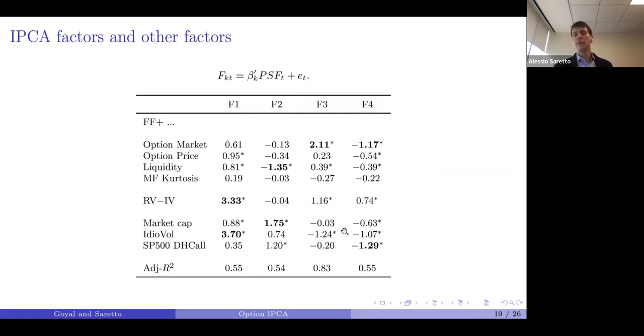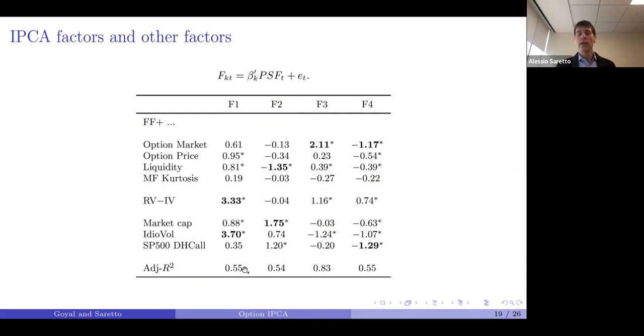And then the third and the fourth factor are somewhat a combination of the aggregate option market and variation in returns on the delta hedge, the S&P 500 delta hedge return. Although by the time you get here, those are very small contributions to the total spanning.